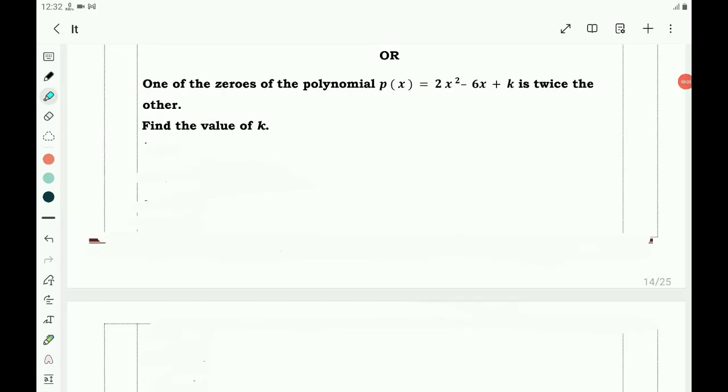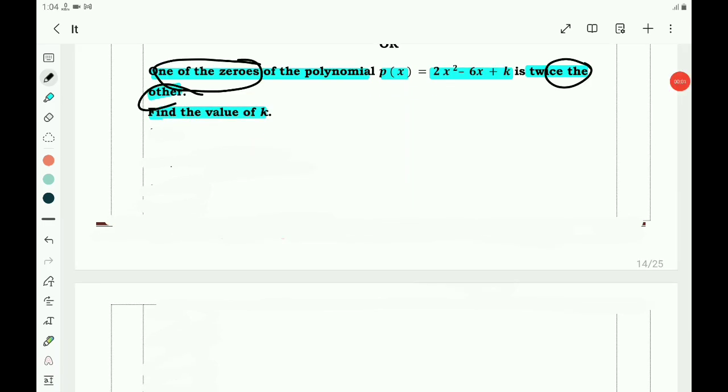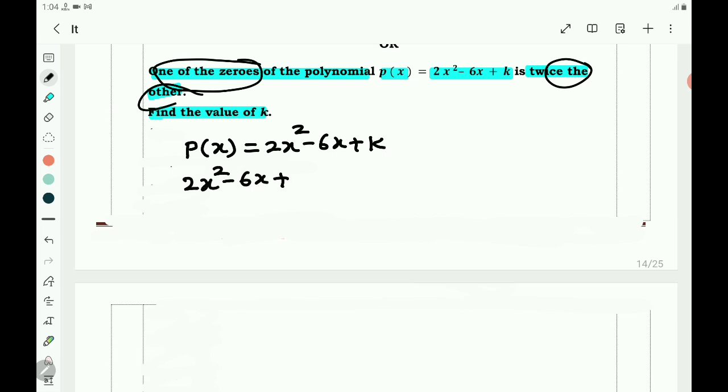In the same question, one of the zeros of the polynomial p of x equals x square minus 6x plus k is twice the other. Find the value of k. Write the polynomial p of x equals 2x square minus 6x plus k.